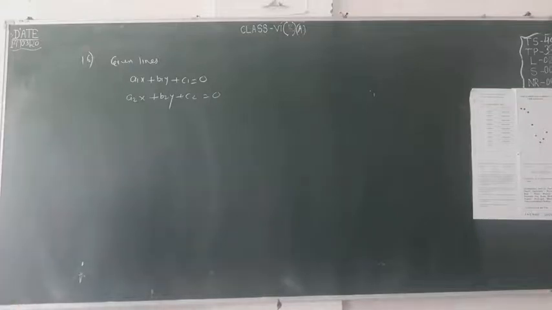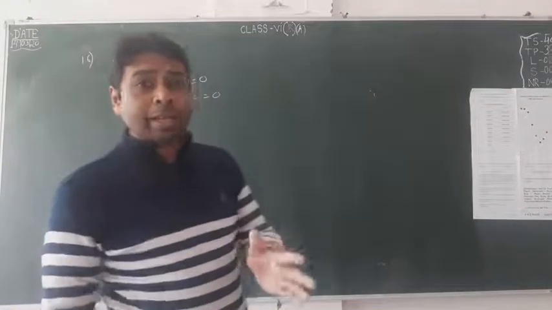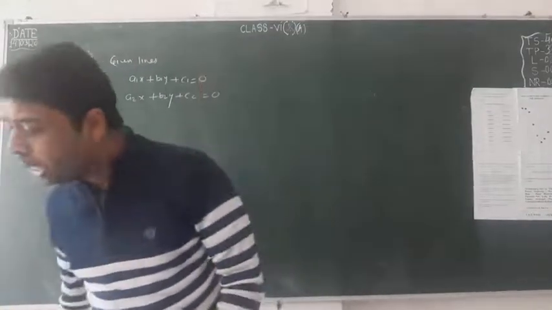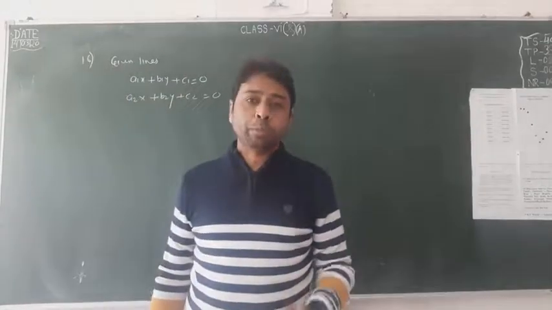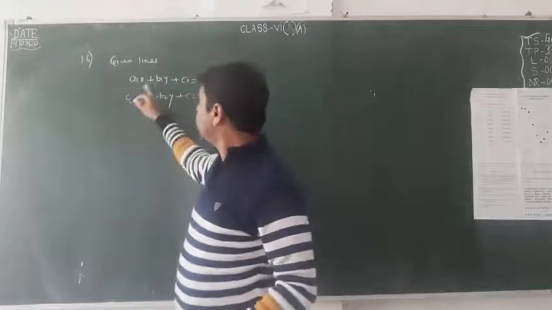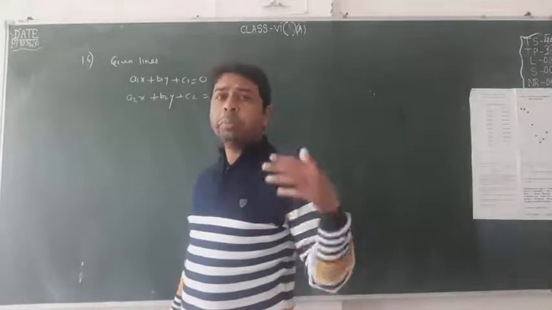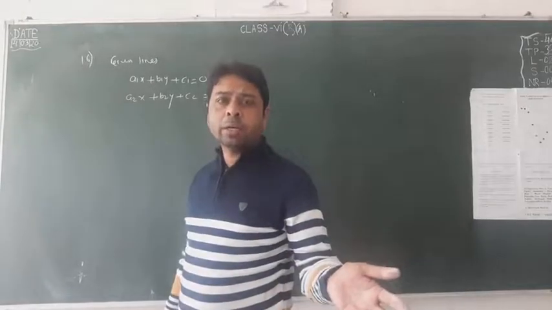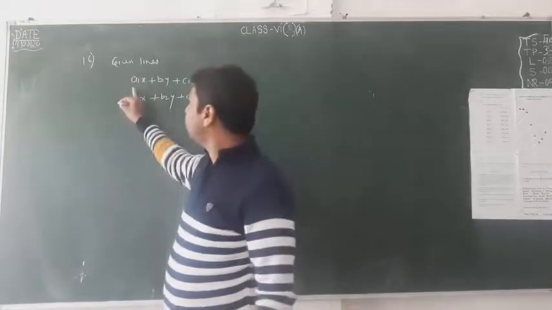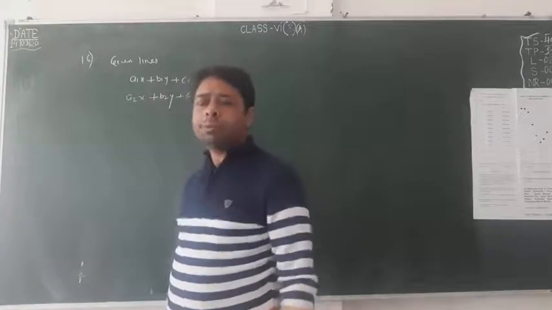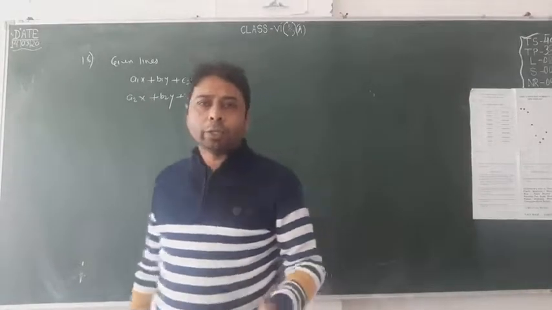So what question is asked here? That if lines are parallel, we have to show a1 upon b1 equals a2 upon b2. The question may be changed, like if lines are parallel, show that a1 upon a2 is equal to b1 upon b2. How can we show it? Look, I tell you.